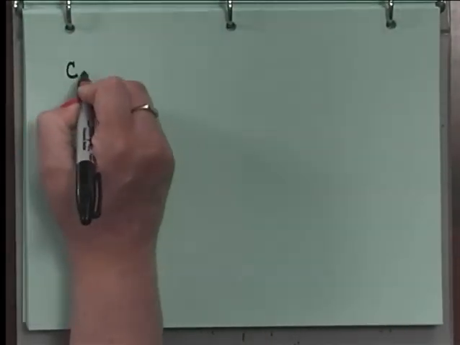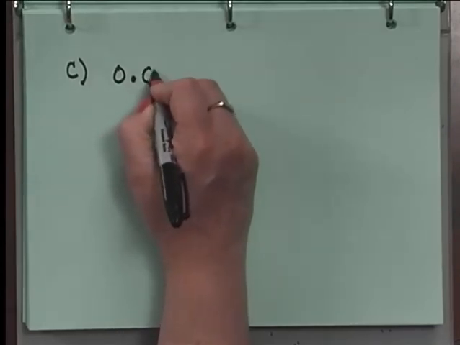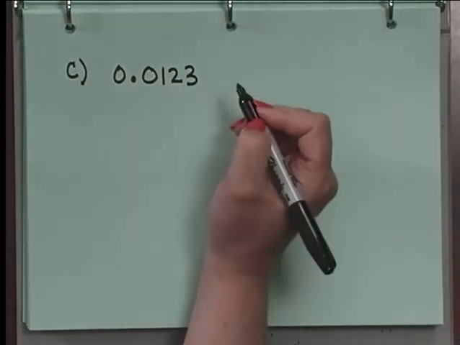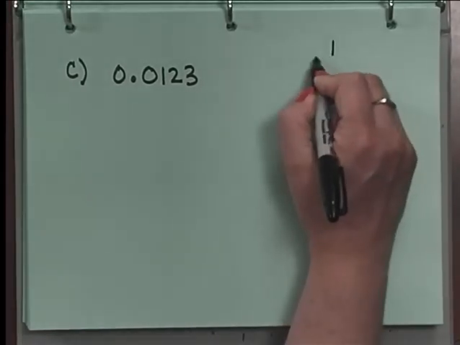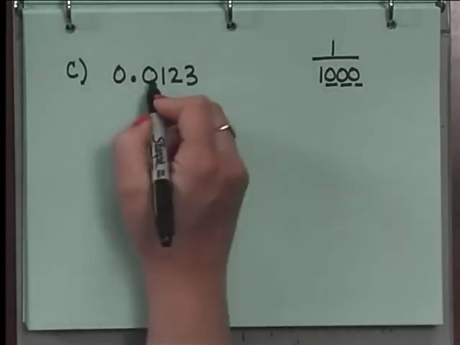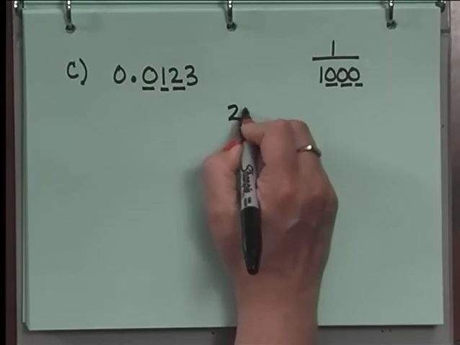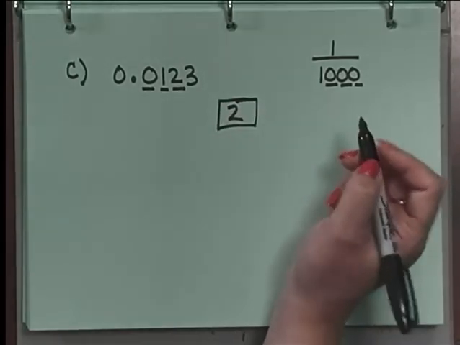Problem C. It says in 0 and 123 ten-thousandths, what is the digit in the thousandths place? Well, again, the thousandths place has got 3 zeros in the denominator, so that's the third place value here. And so the 2 then is in the thousandths place.